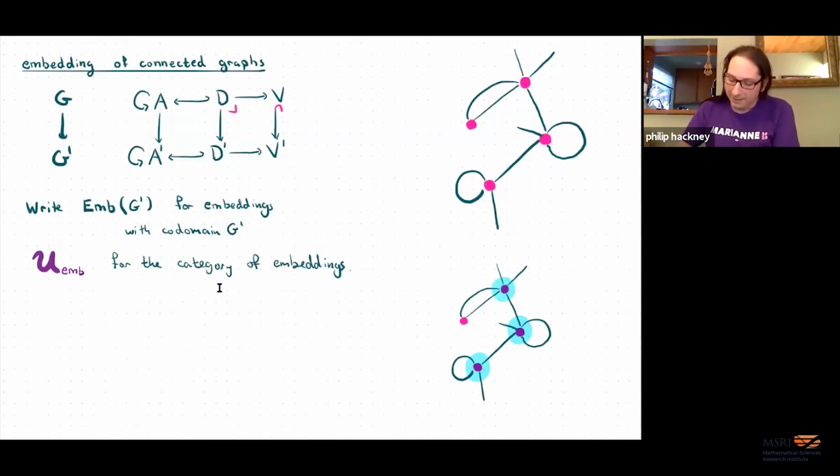And then I'll take, for sure, all the edges that go between them, or I better end up with something connected at the end. And maybe I can pick some others. So this part that's highlighted in blue here would be something that embeds into the bigger graph.